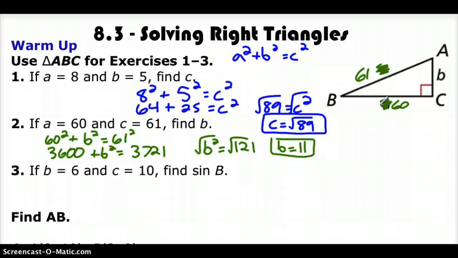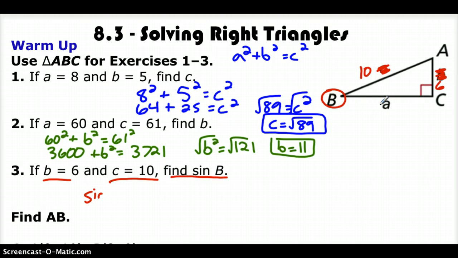In this last one, they give us that b is 6 and c is 10. So they're saying again that this is 6 and this is 10, and they want us to find the sine of b. They're talking about this b right here. The sine, remember, is just that trig ratio that we learned last lesson.